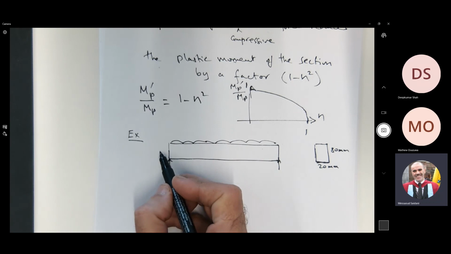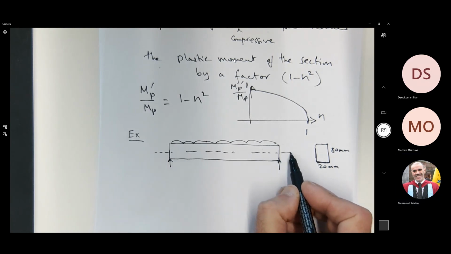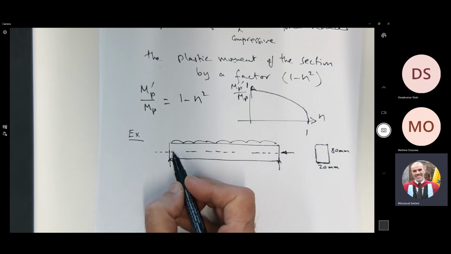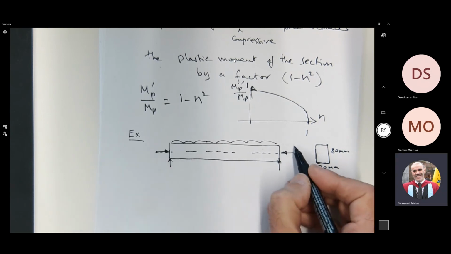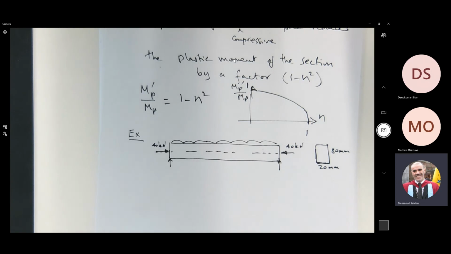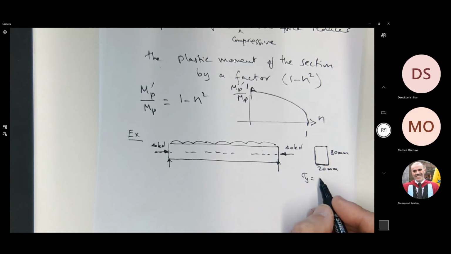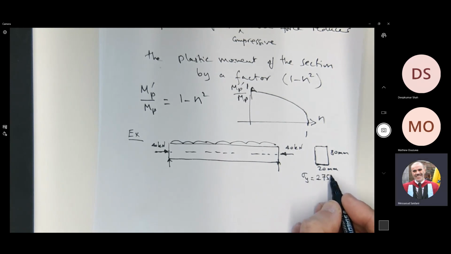And let's say we have an axial force of 40 kilonewtons. Let's say sigma y is given as 275.